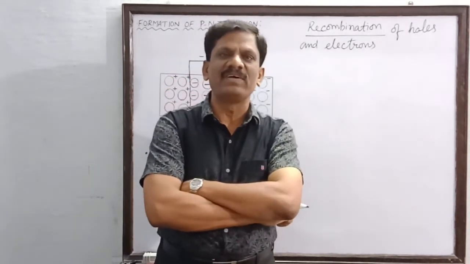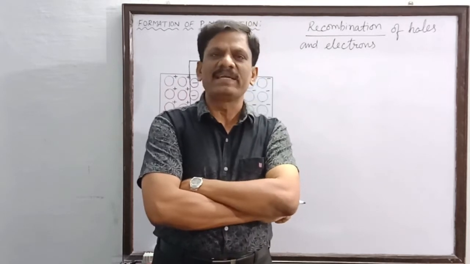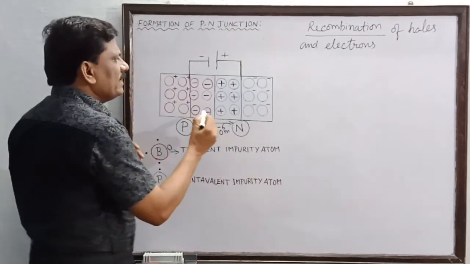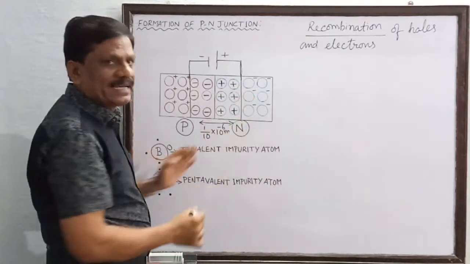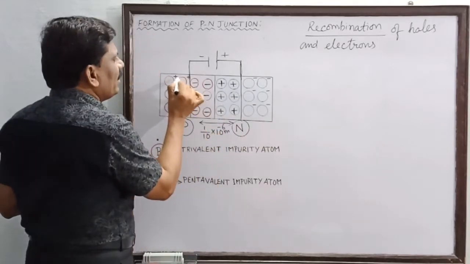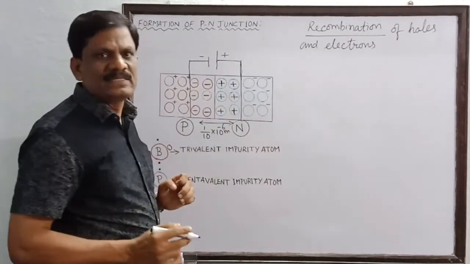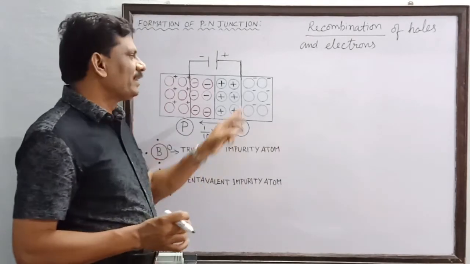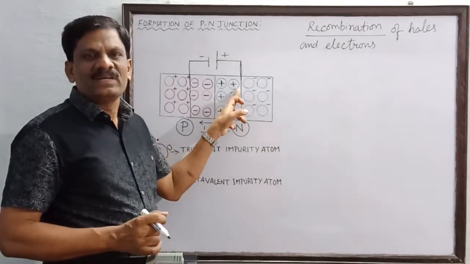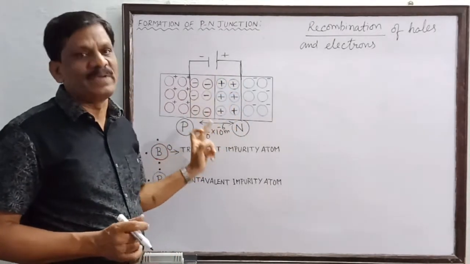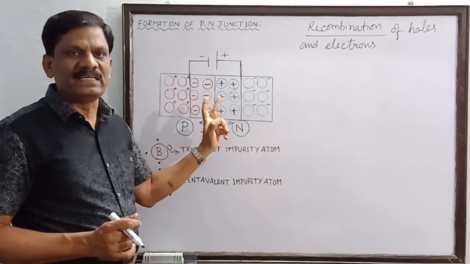Further migration of free electrons and holes cannot take place. Why? Because once this positive potential is established on the N side of the junction, suppose if further holes try to migrate, they will be repelled. They will be repelled by the positive potential. Understand? So this is called positive potential space inside the crystal lattice.